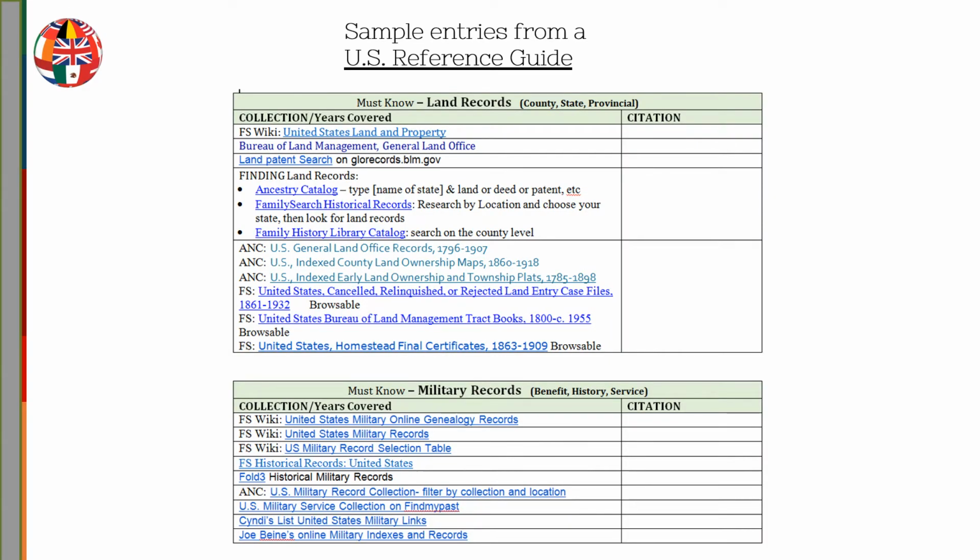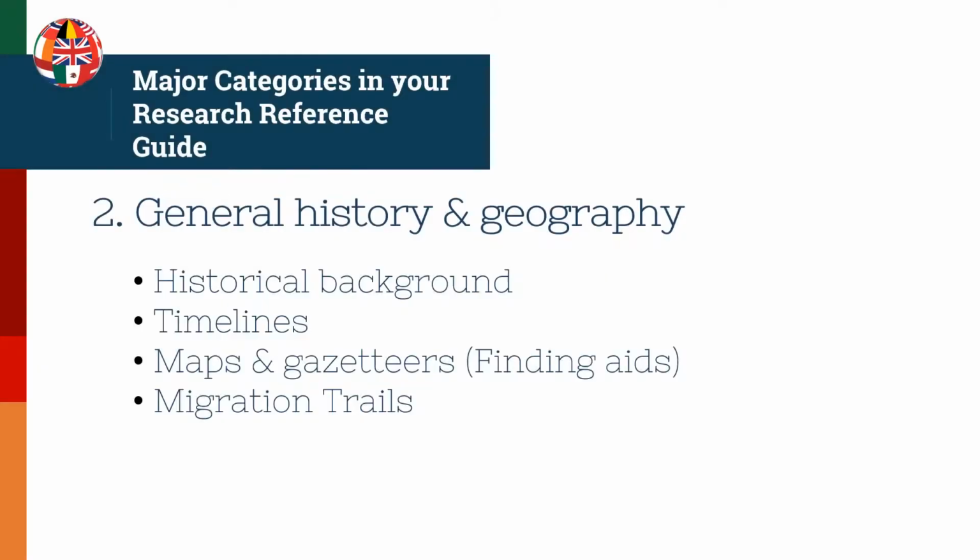Here are some sample entries from a general U.S. reference guide. You can see how having these links and databases quickly available would benefit you during a test where they might ask you about a land record or a military record.